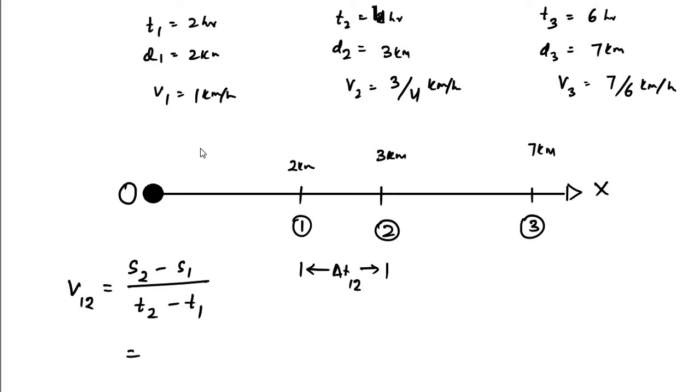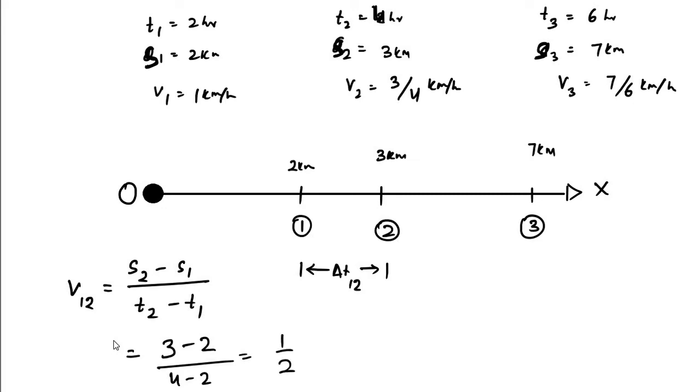S2 is 3 kilometers. Note these are not d's but s, not distance, it is displacement. Displacement is expressed in terms of s, not d. So here it is 3 minus 2 by T2, which is 4, minus T1, which is 2. So it is 1 by 2.